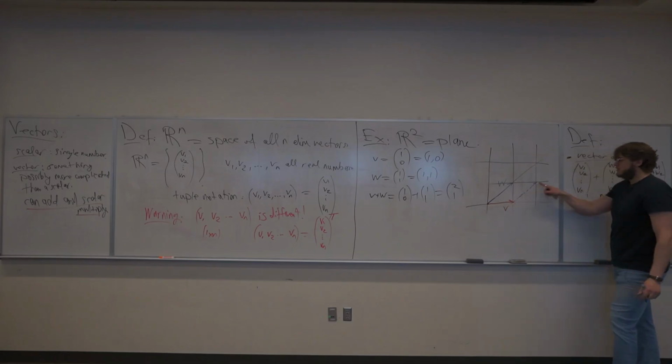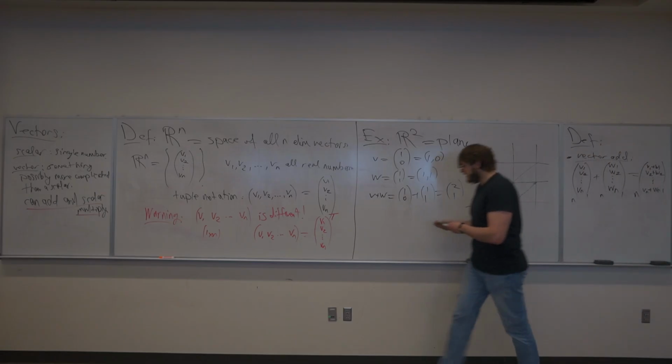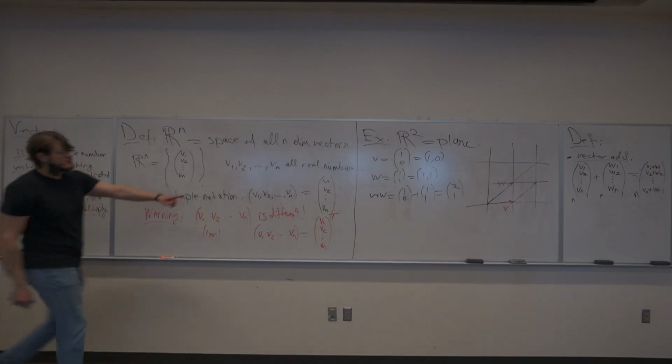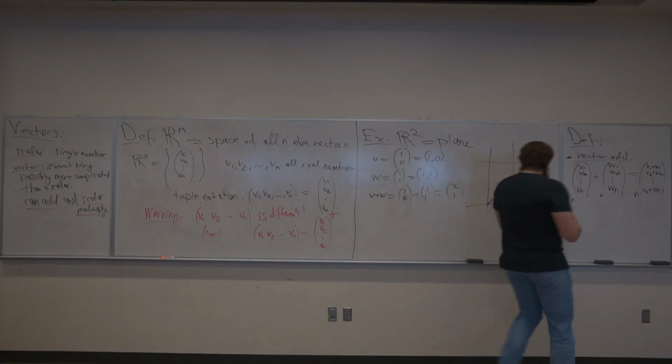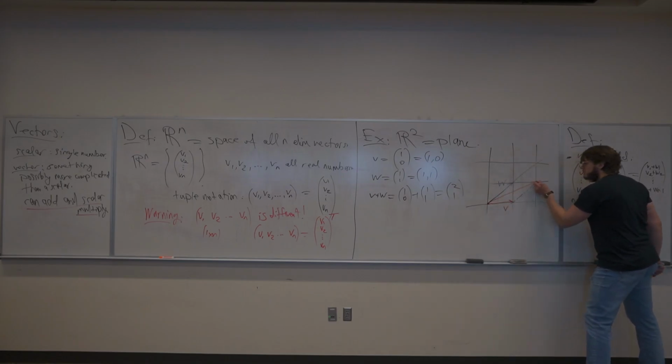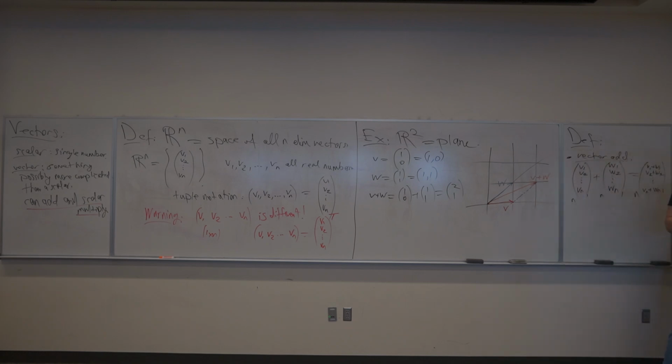Now you have a two-step motion from here to there and to there. And then the sum, algebraic sum here, corresponds to the arrow you end up getting here.